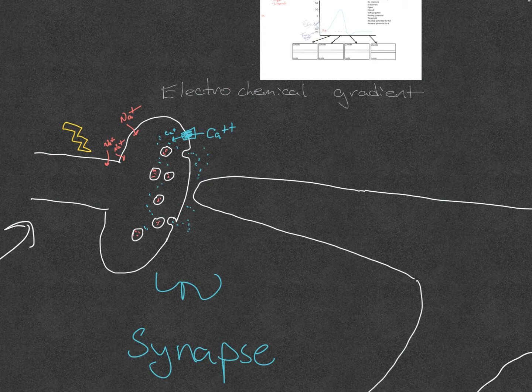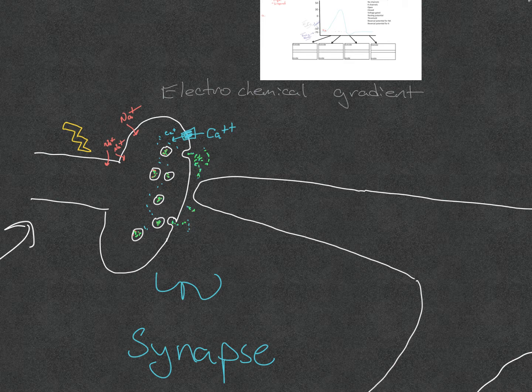I shouldn't have made those red. I should have made them a different color. My apologies. Let's make them green, just so we don't get the colors confused. This is not sodium, this is neurotransmitter. It could be any one of the neurotransmitters you talked about in the case study. These neurotransmitters are released into the synaptic gap.